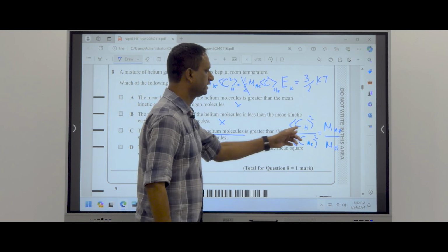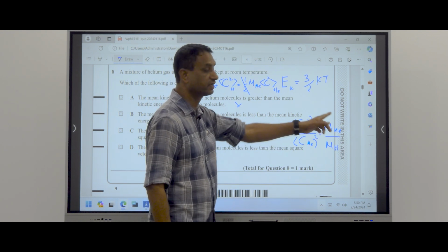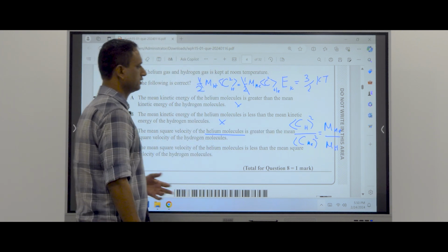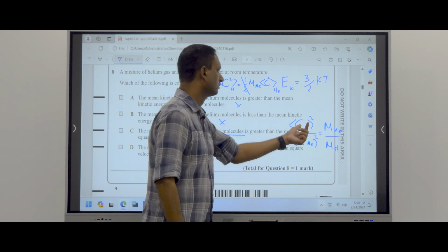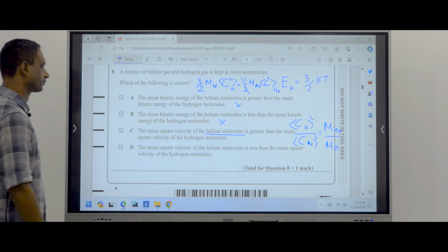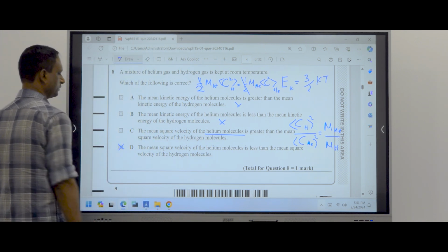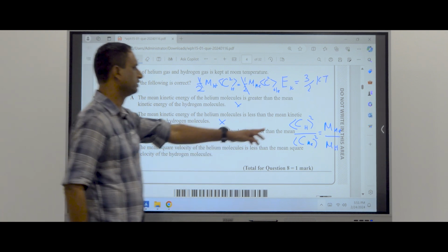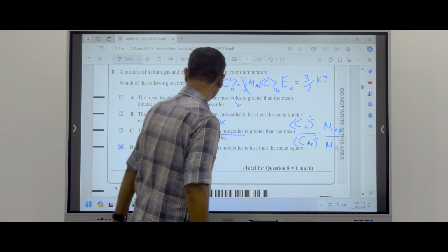The mass of helium is greater in the ratio, so the mean speed of hydrogen is greater. C squared means mean square speed, mean square velocity.